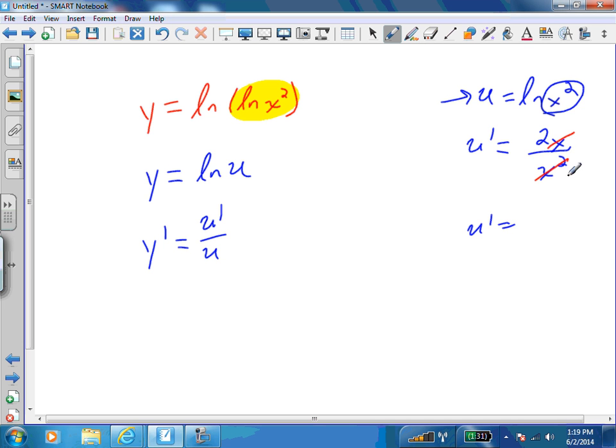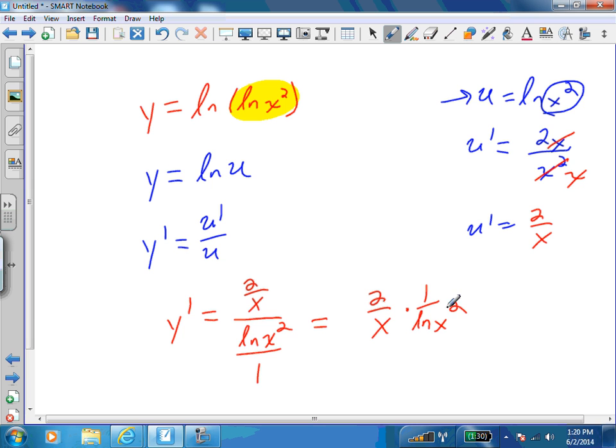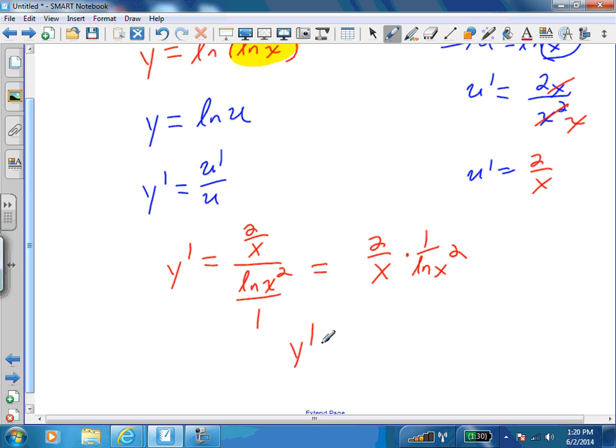An x on top reduces with an x on bottom. So y prime is u prime over u. We want to simplify that because that's a complex fraction. So if we think of the denominator over 1, multiply by the reciprocal of what's on bottom. So the derivative is 2 over x natural log x squared.